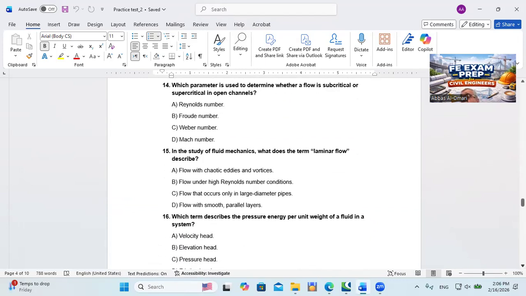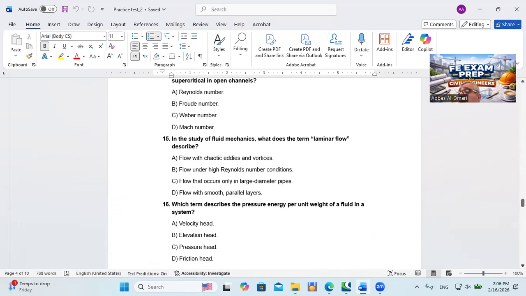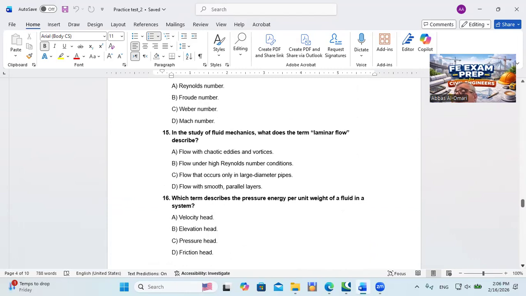Now, question number 15. In the study of fluid mechanics, what does the term laminar describe? We talked about laminar and turbulent flow. So laminar flow is flow with smooth parallel layers, which is D. We said that in laminar flow, fluid or water flows in layers, and there is no lateral mixing between the layers.